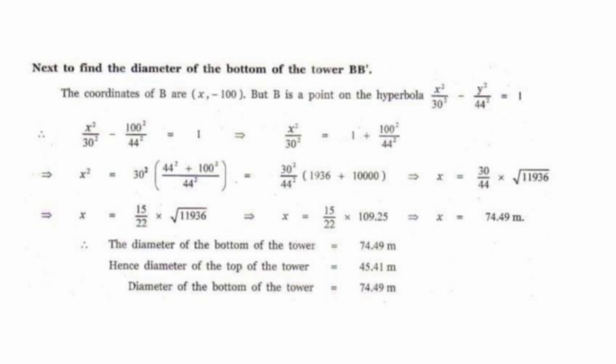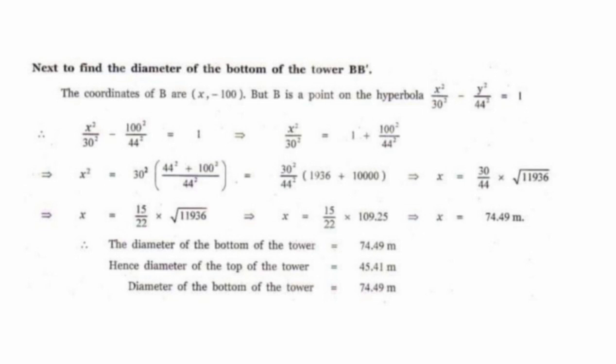And it will be x squared over 30 squared equals 1 plus 100 squared over 44 squared. So again, we've just transposed this negative 100 squared over 44 squared, so it became positive. X squared equals 30 squared times (44 squared plus 100 squared) over 44 squared, again transposed.